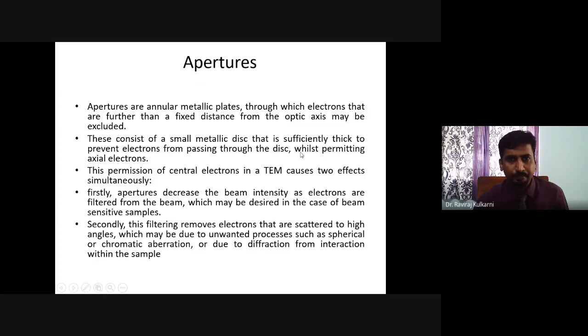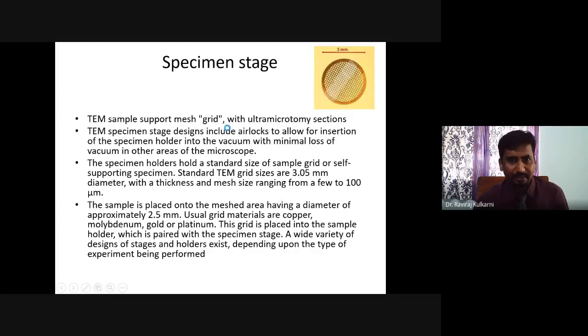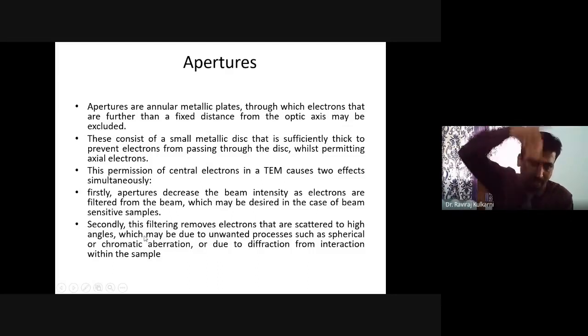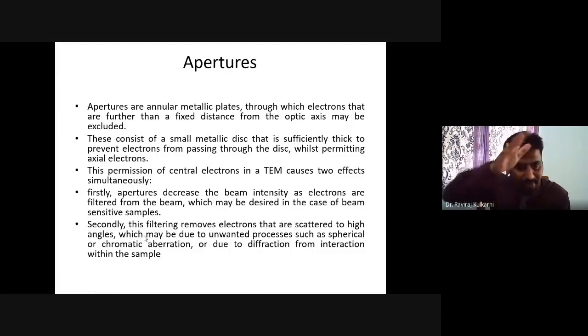That is the main reason for the aperture. There is no other reason. It also decreases the beam intensity, and it filters or removes the electrons that are scattered to high angles. Only the electrons moving perpendicular, at 90 degrees, are taken here.